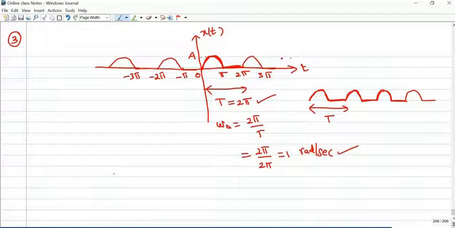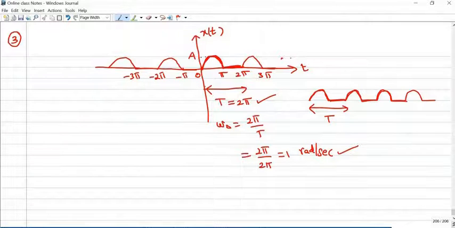Write down the expression for x of t. Okay. So in the first problem, we calculated the x of t equation from y minus y1, y2 minus y1 using that expression. In the second example, it looked like a digital signal, which has a constant magnitude, so directly we have written.